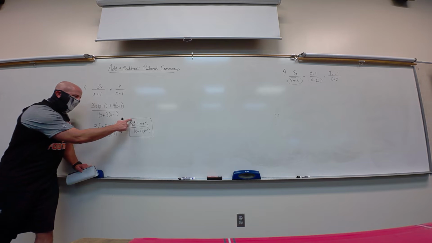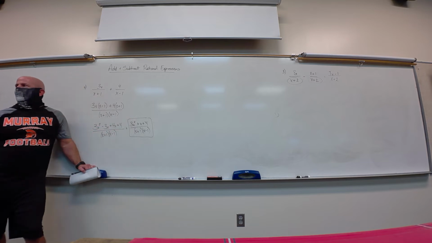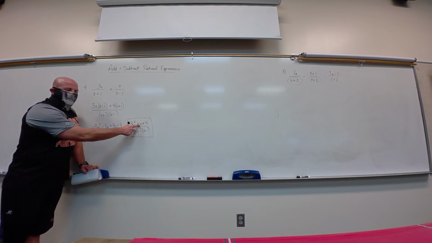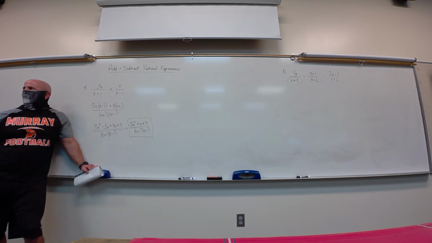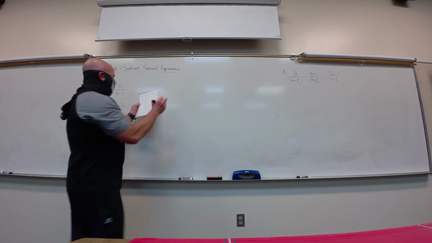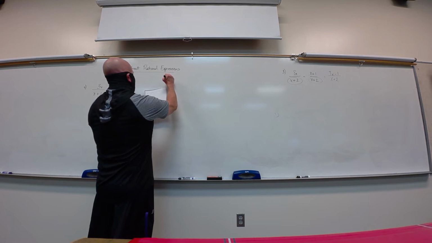If you have a square, you better think about if it factors or not. This one is not going to factor because I can't split a 4 to get a 1 in the middle to cancel, but it still needs to enter my thought process. If something needs to be factored, I need to take care of it. So anytime you see that square, you should know in your mind there is a chance.